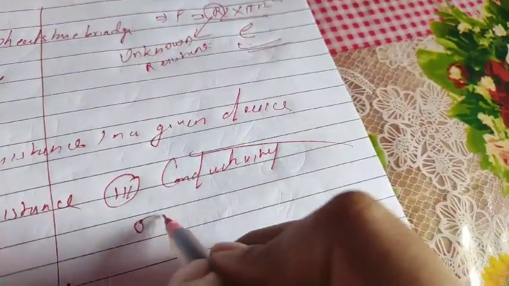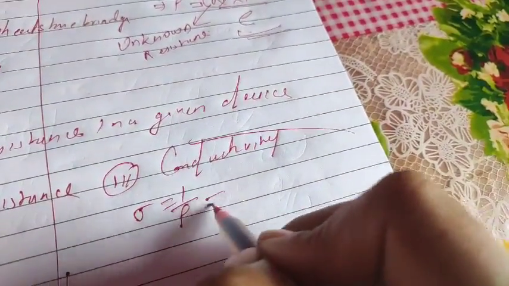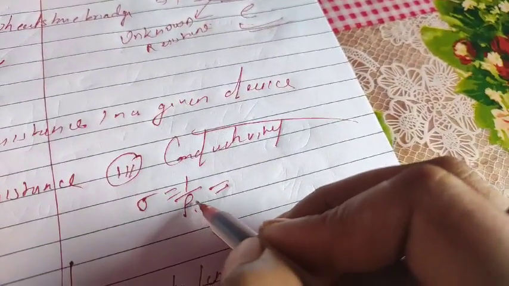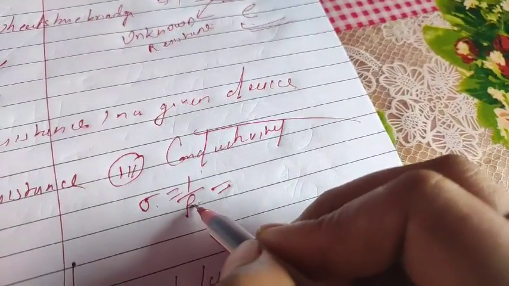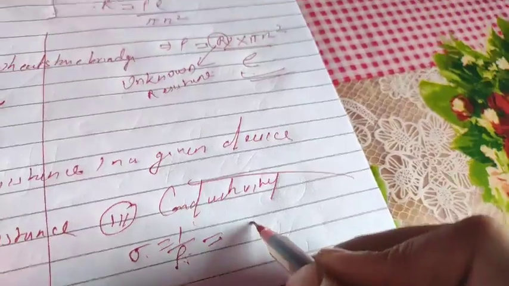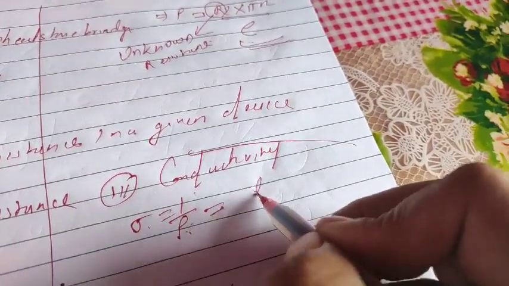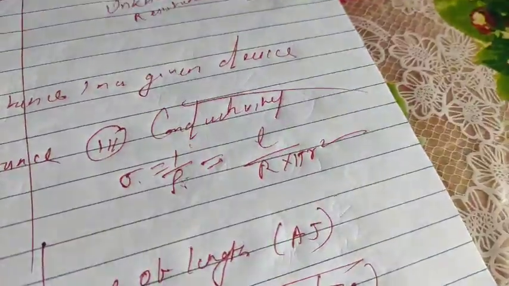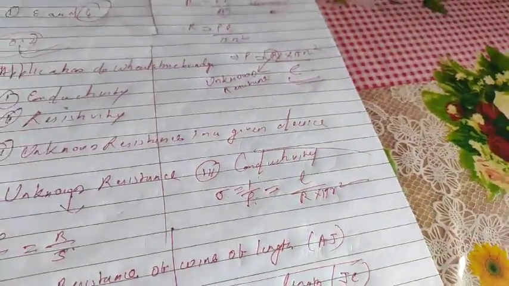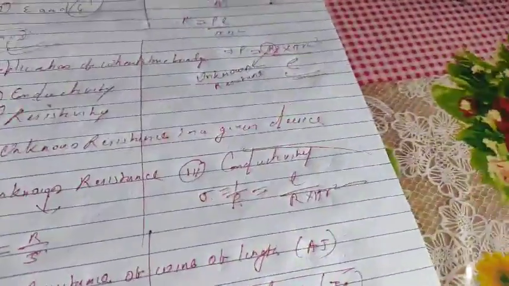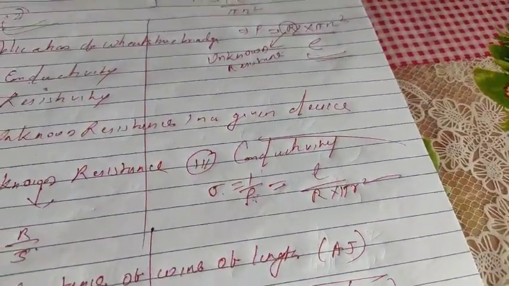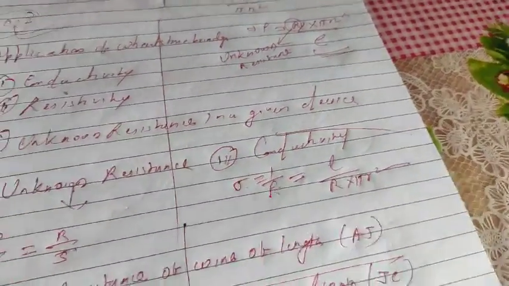Conductivity is the opposite of resistivity: rho is equal to 1 by sigma, so sigma is equal to 1 by rho. You know the value of rho, which is R into pi r square by L. So like this you will get the answer of resistivity, conductivity as well as the unknown resistance of a Wheatstone bridge.